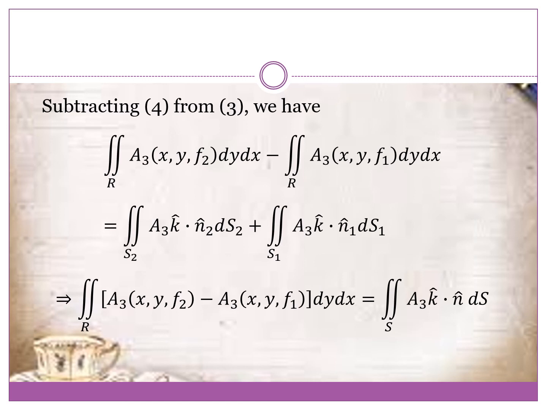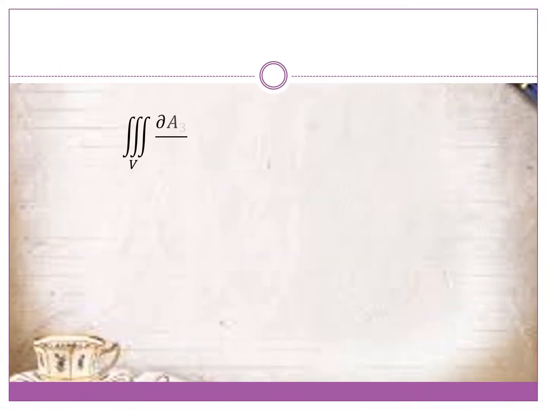Now the sum of these two integrals on the right hand side can be replaced by a single surface integral taken over the whole surface S, and instead of writing the normals n1 or n2, we write the normal n, which is drawn outward from the surface S. Putting this last result in equation number 2, we get the volume integral of partial a3 by partial z dv is equal to the surface integral of a3 k dot n ds.